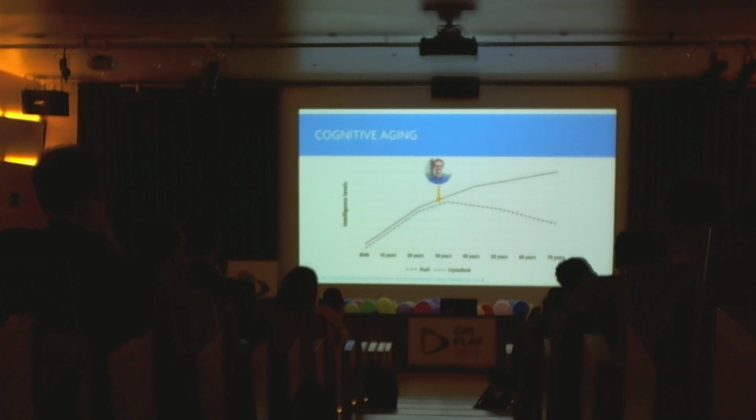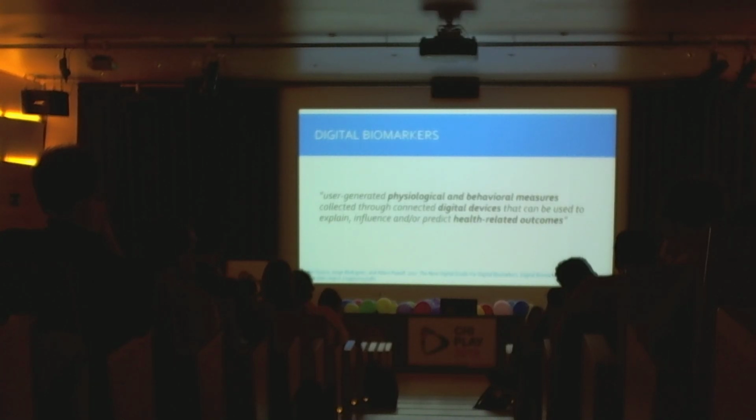So how can we find these cognitive traces? Well, research has turned to digital biomarkers, and the definition you can see here is the one by John Torous. So we can find these digital biomarkers in day-to-day interactions with technology. They can be found in text interactions, GPS location, but also in games.